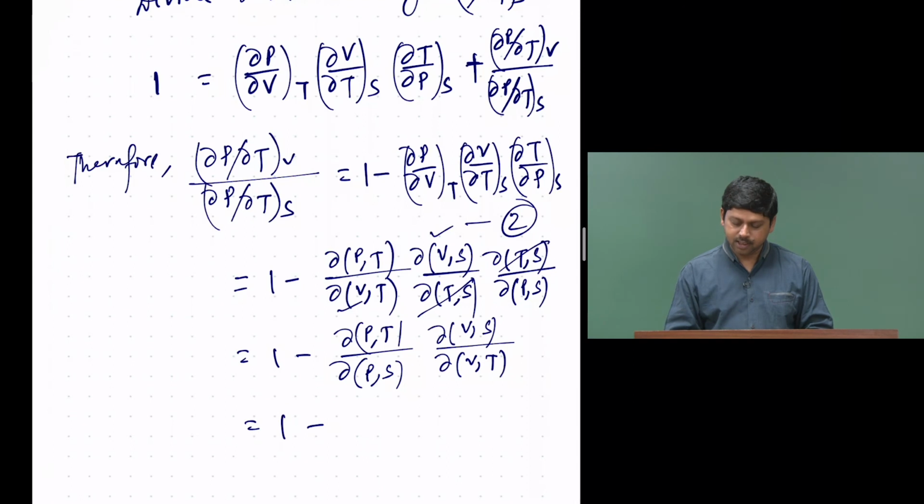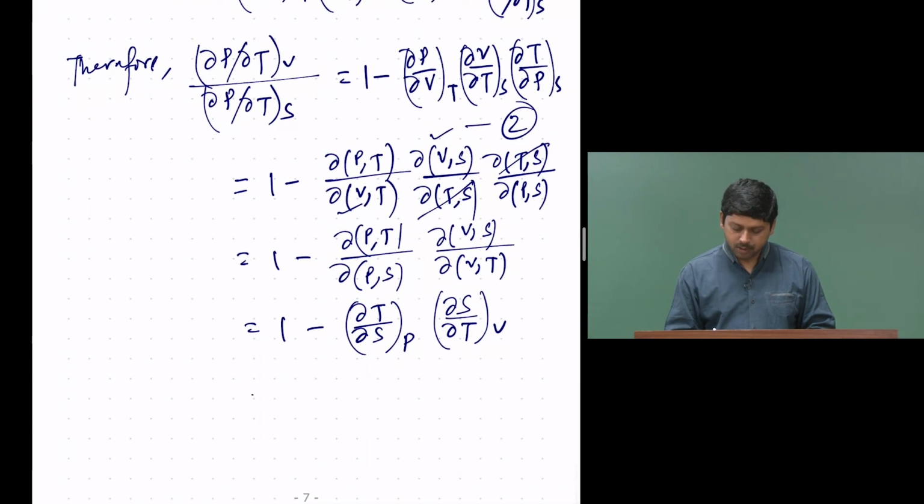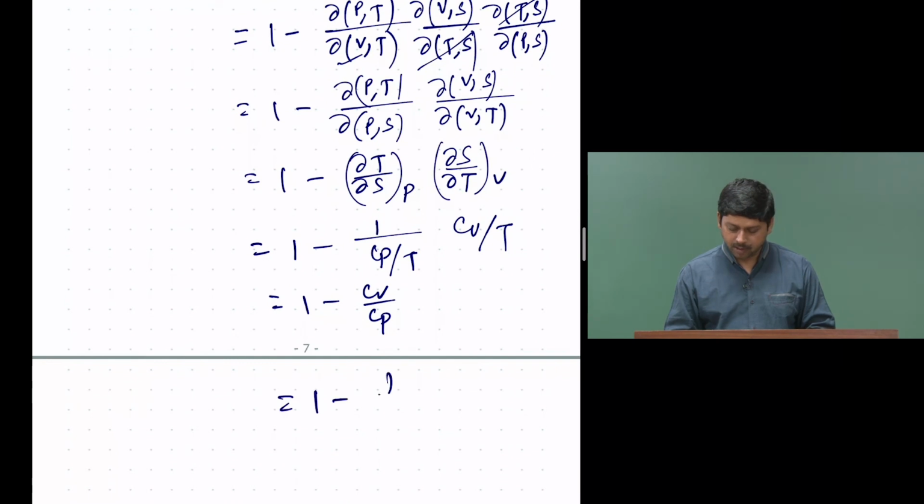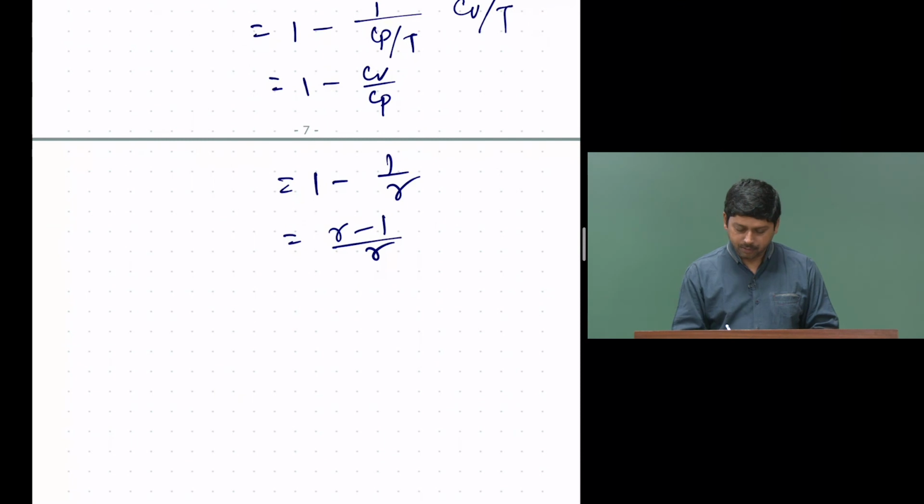You know that we can interchange P on numerator and denominator, giving us del T by del S at a constant P, and by interchanging, del S by del T at a constant V, which gives us 1 minus, this is 1 by Cp by T and this is Cv by T, which is 1 minus Cv by Cp, which is 1 minus 1 by gamma or gamma minus 1 by gamma.